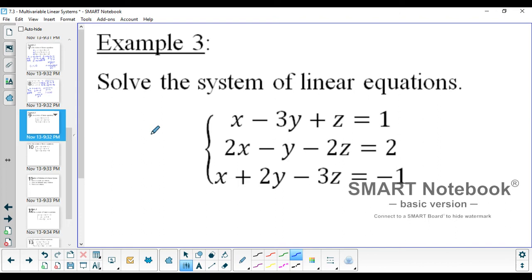And I'm just using my calculator to do this, using matrices. All right, so give me just a moment here, and eventually, when we start solving these using matrices, I'll teach you how to do this as well.